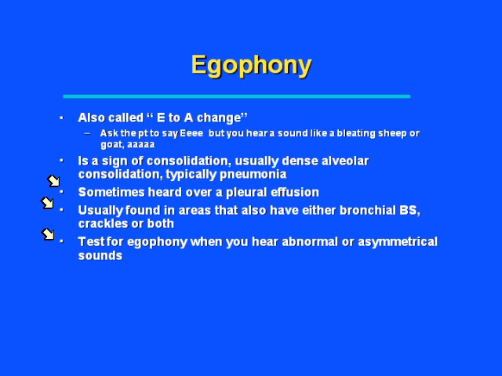You have to whisper 1, 2, 3, and you may hear that breathy quality. The reason is that the normal lung muffles that sound further, so if you actually whisper, it's quite difficult to hear that with your stethoscope. Whereas if someone has consolidation and they whisper 1, 2, 3, it will actually be picked up and you can hear it quite clearly.